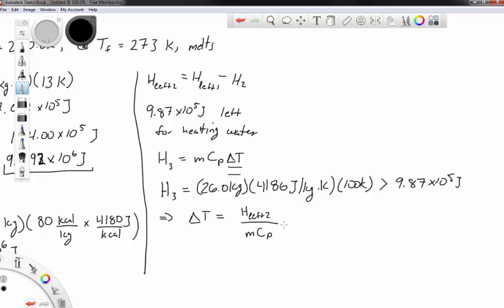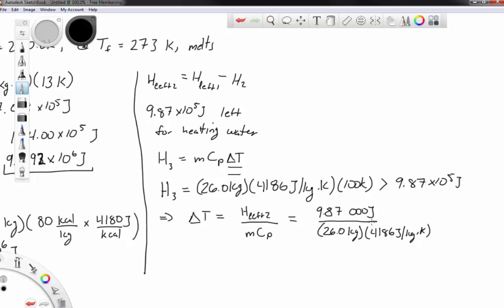So that means that we have 9.87, or 987,000 joules, and we're dividing that by the mass, 26 kilograms, times that specific heat capacity, 4,186 joules per kilogram Kelvin.